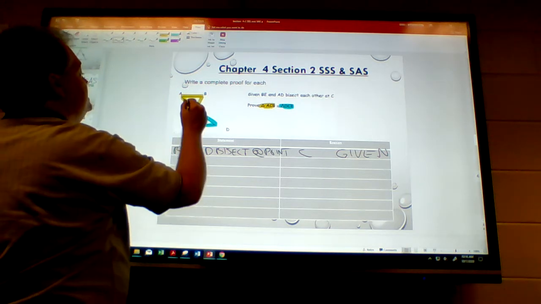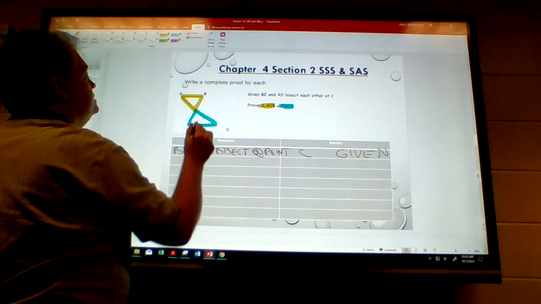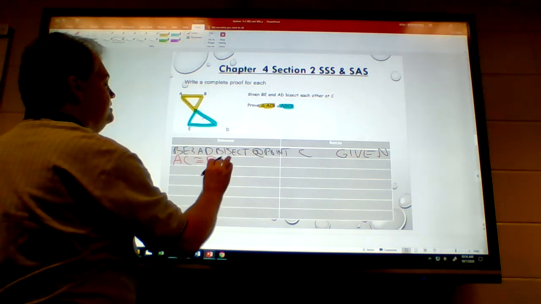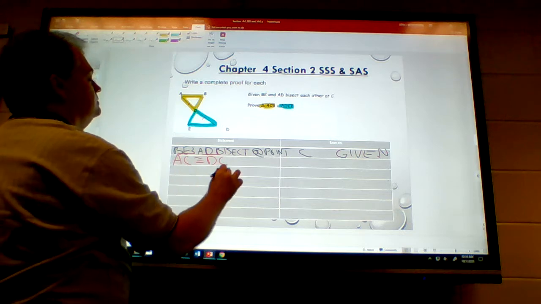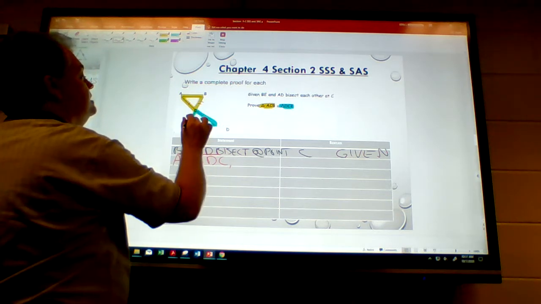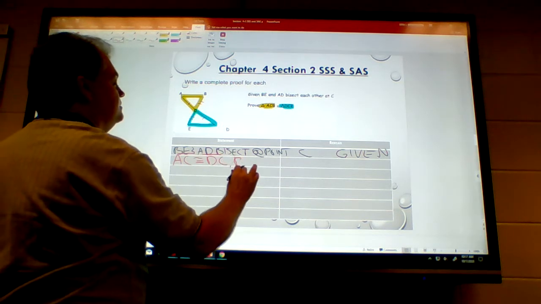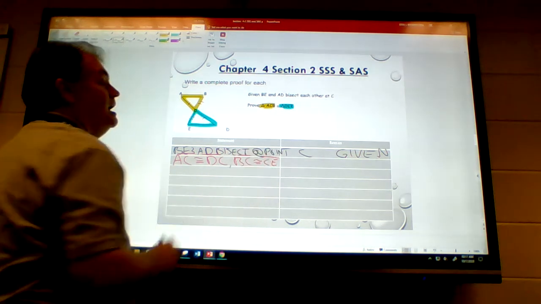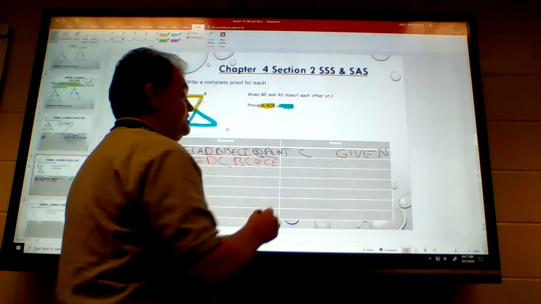It means that AC is congruent to DC, and BC is congruent to CE, by, just like we did in the last problem, definition of bisect.